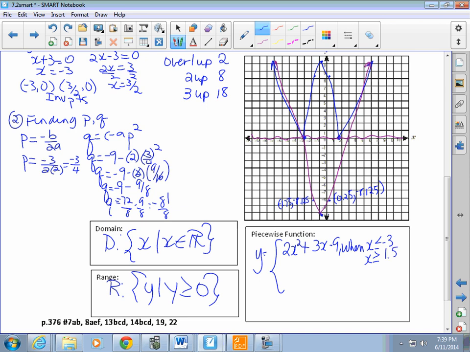Then for my parabola part, that's the negative part of the graph, and that was when x was in between those two.